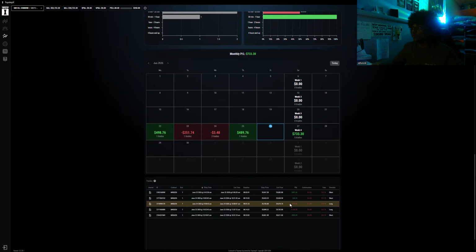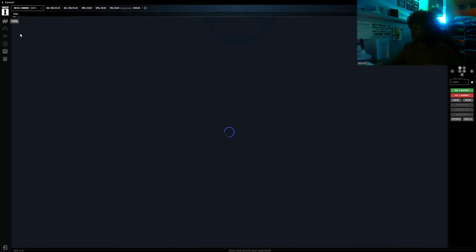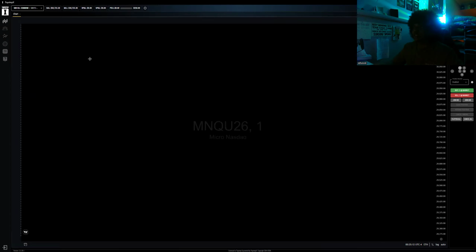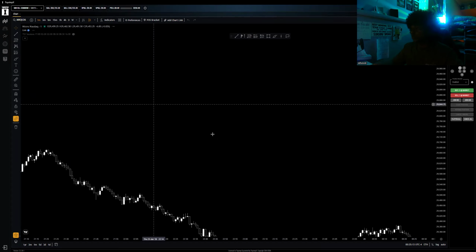So this was the only trade that I took off impulse and I actually adapted to the trade. I'm really happy for this one, but yeah, I could have done a lot better. But here we go. This is also a rule breaking trade, but it's just so obvious that the price is going to go down. Even if I were to lose money, it would have only been $250.